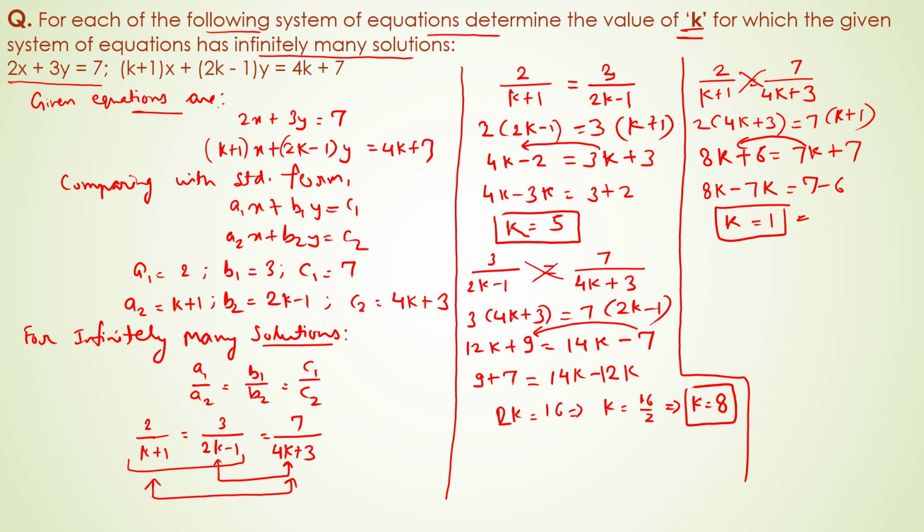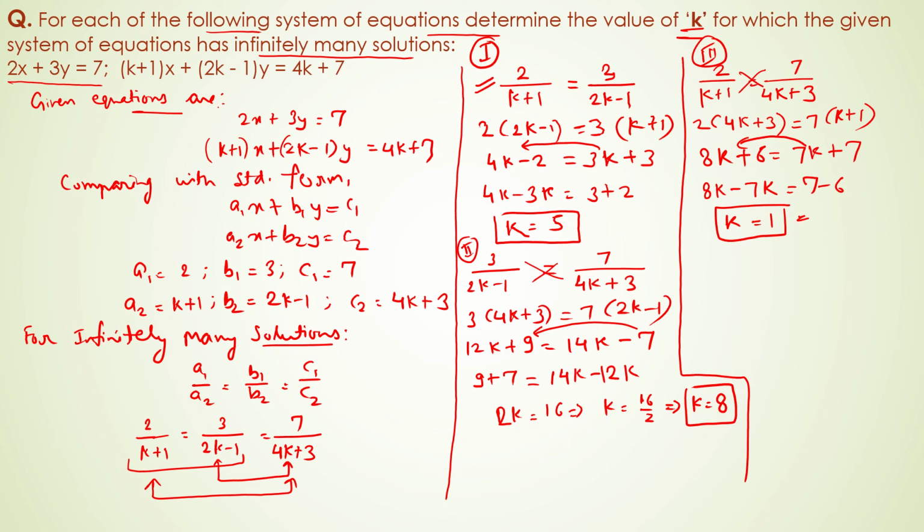But there is one more situation if we talk about no solution. In case of no solution, a1 upon a2 is equal to b1 upon b2, and that is not equal to c1 upon c2. So the first case we have seen, this was the first case, this was the second case, and this was the third case.